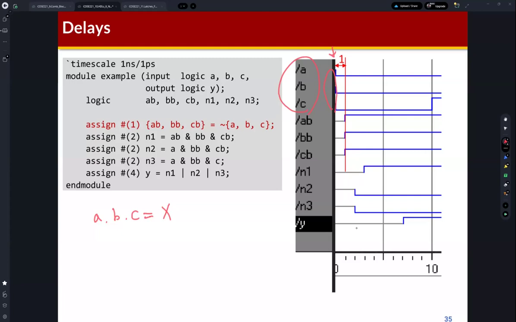And then we can define the ABC values like A is 0, B is 0, and C is 0 initially. Initially, it is X, but when simulation starts, we can initialize these ABC values as 0.